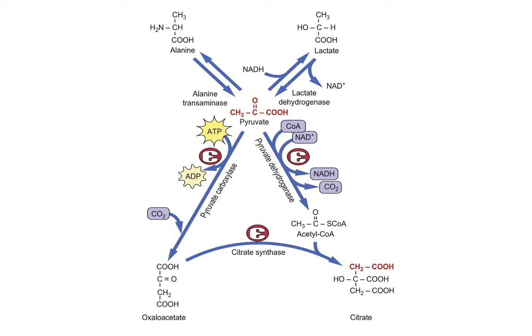So if we have a situation where we've gone through glycolysis, generated pyruvate, and then converted that into lactate to generate more NAD, that lactate then, as we saw last time, can travel to other tissues, be converted back into pyruvate, where it can either go back and make glucose through gluconeogenesis, or it can send the pyruvate into the TCA cycle by converting it into acetyl-CoA.